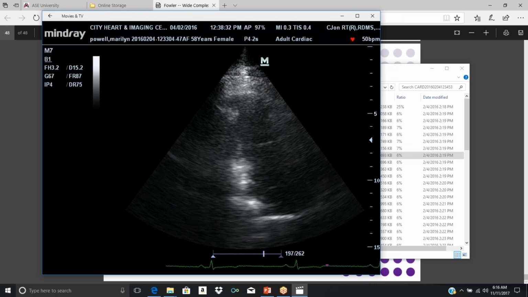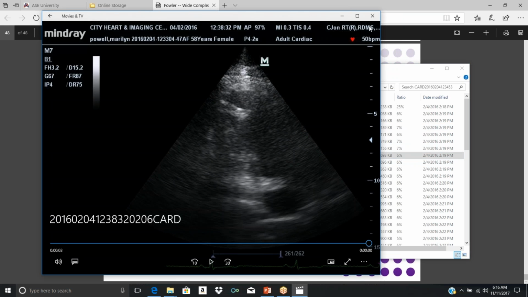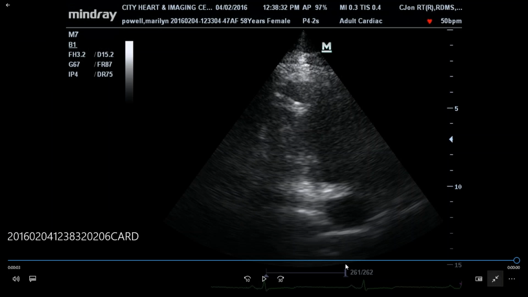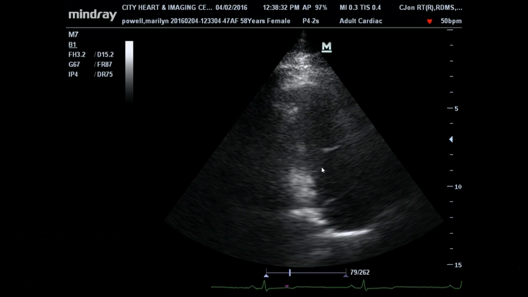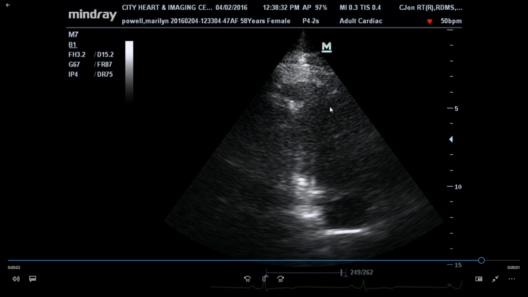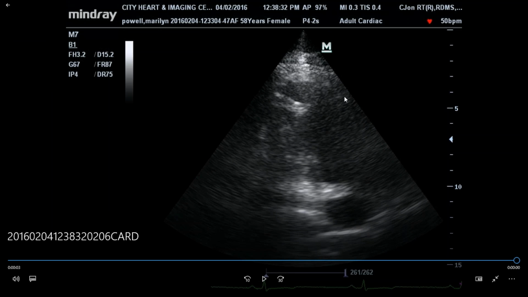All right. So this is our RV inflow view. So remember, from your parasternal long axis, if you just tilt your transducer, you can get your RV inflow view. And you have to know the structures involved. So up top, you have the RV. At the bottom, you have your right atrium.